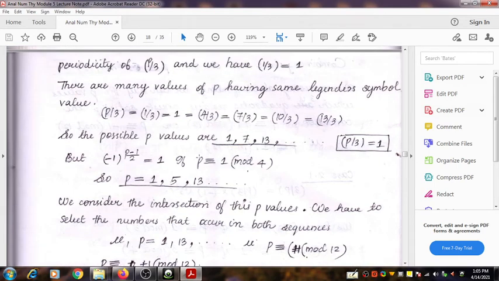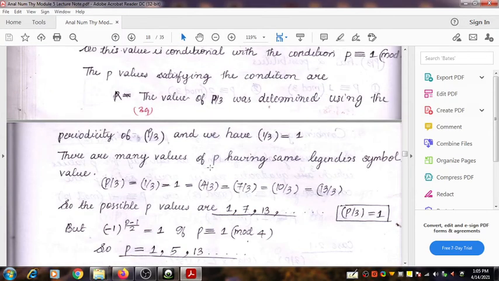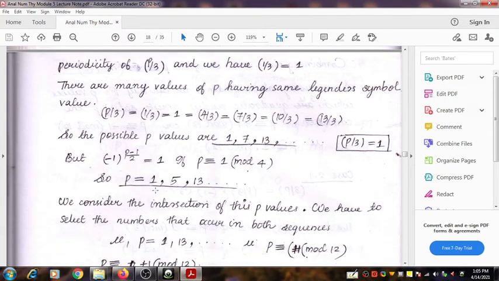So the condition in case 1.1: you can write the values of P that satisfy the first condition. P is congruent to 1 mod 3, and those values are 1, 4, 7, and so on.